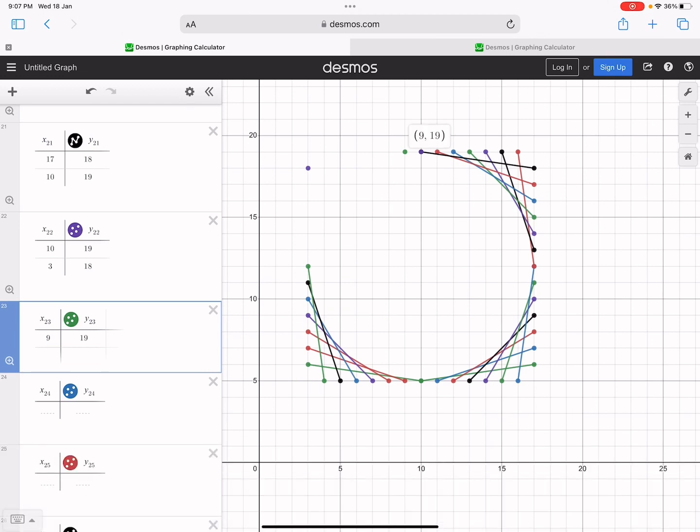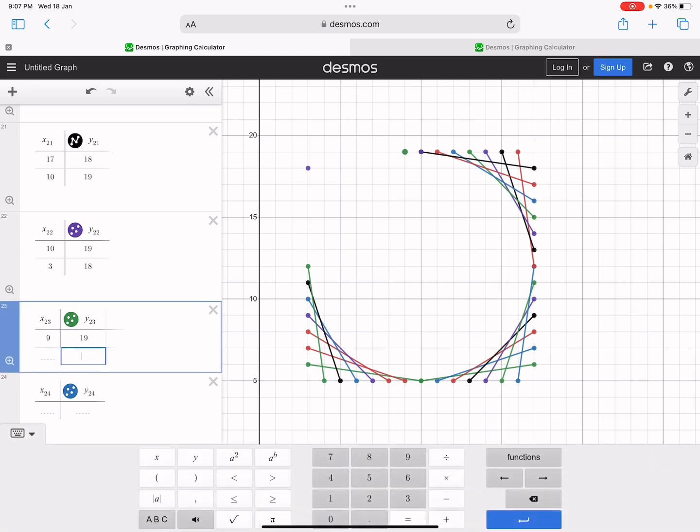And the y is 17, 17, so we have to do the same thing here and here. The y-axis will become 17 for this line segment.